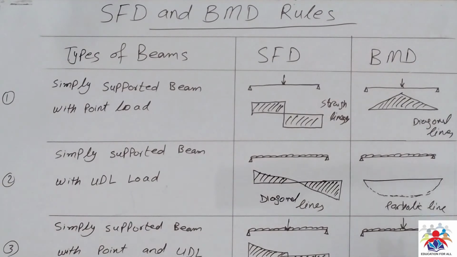When it comes to the bending moment diagram, it would look like a parabola, something like that. When you come to the point load, it will go slightly down. If our point load value were higher than the UDL, it would be slightly different, but in this case I am considering the same value, so then again you have another parabola.